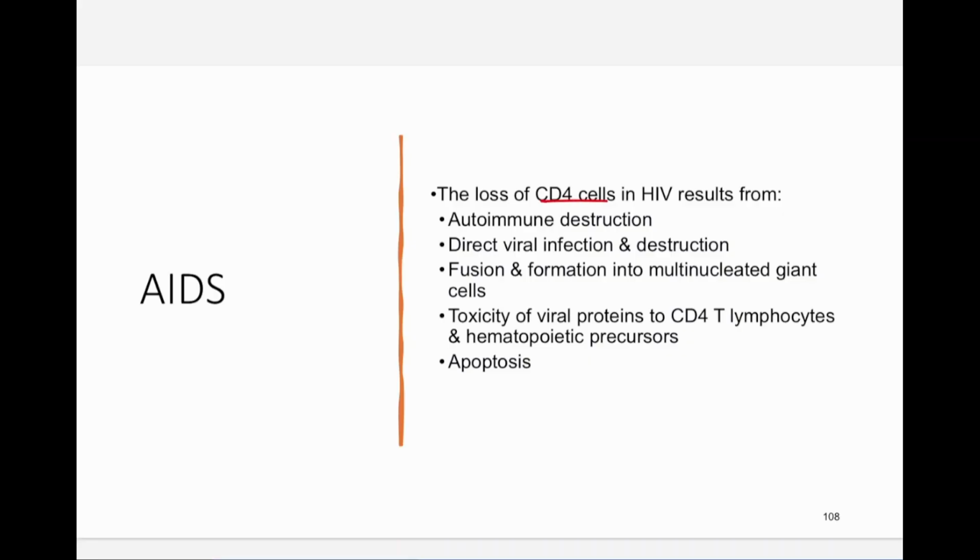So loss of the CD4 cells, autoimmune destruction, viral infection and destruction. The HIV virus will implant its DNA into the host cell. DNA in the host cell starts replicating the HIV virus like crazy. Eventually, you can't hold it anymore. It bursts, and all those new HIV viruses spread, and they go to the next cell, and it repeats the process, and you start getting a full-blown infection. Here's your apoptosis again, trying to kill those, basically killing the T cells and getting them away.